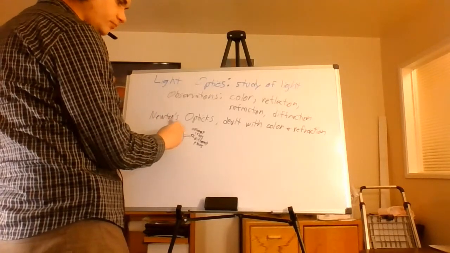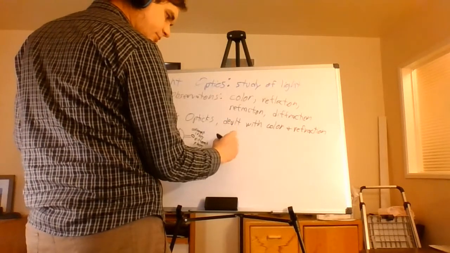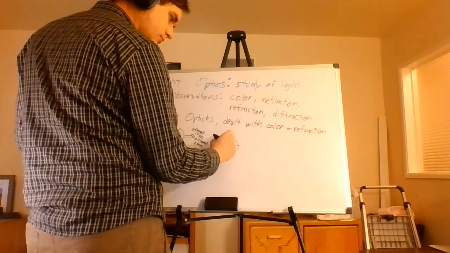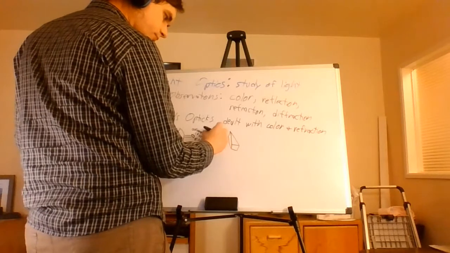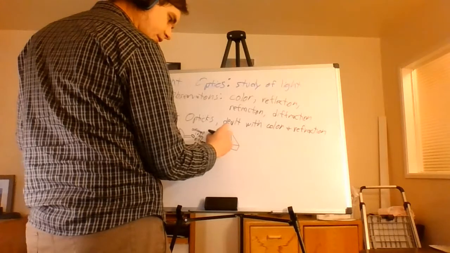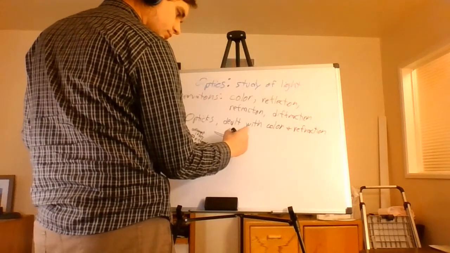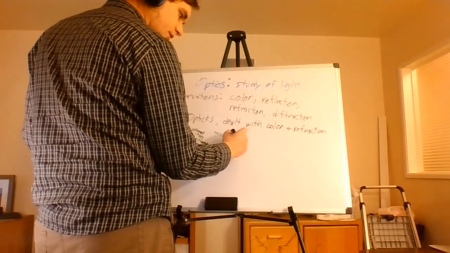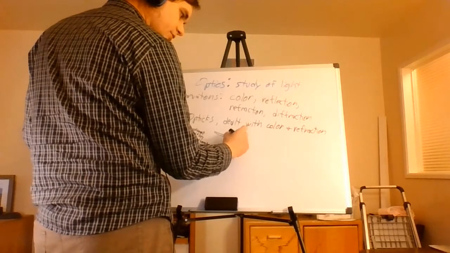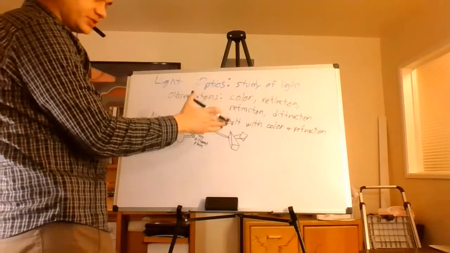However, when he did similar experiments with glass prisms, where he had light coming in, hitting the prism on one side, he would get out on the other side a variety of different colors that were separated from each other.